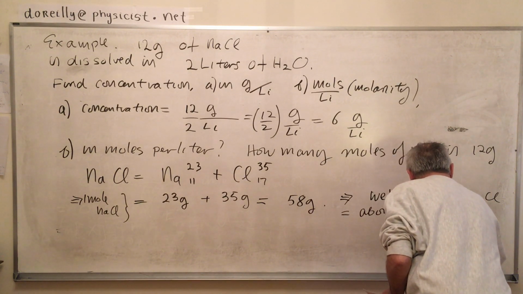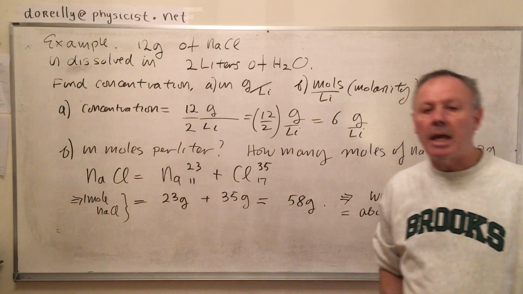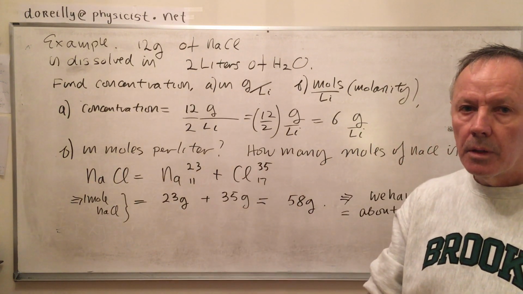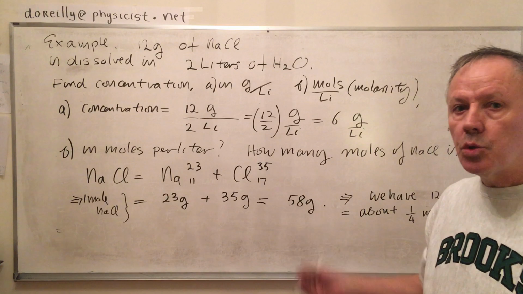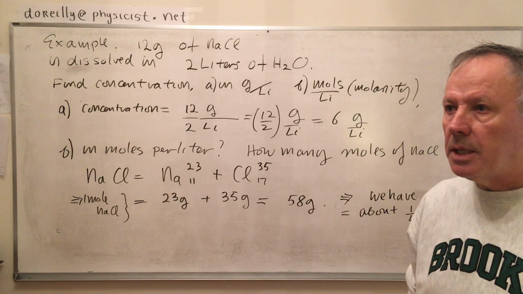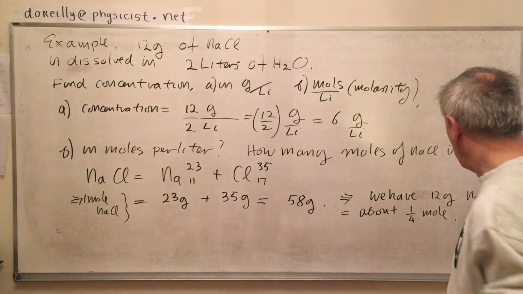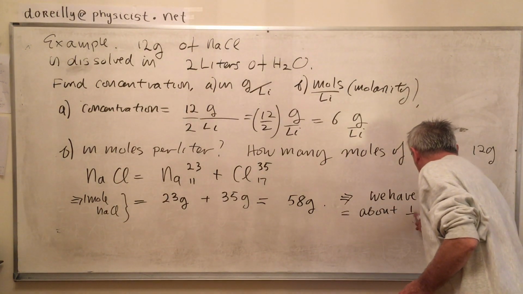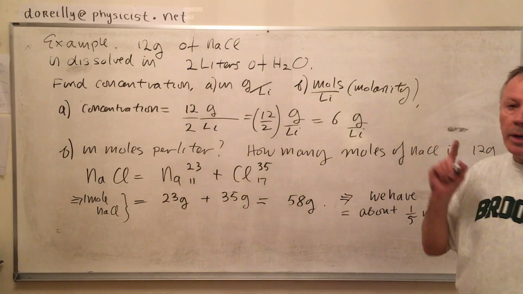If we had 58 grams, that would be a whole mole of NaCl, we only got 12 grams. Now it's about 60, so what is it going to be? It's about 1/5 of a mole, right? So we have about 1/5 of a mole. We'll work it out exactly.